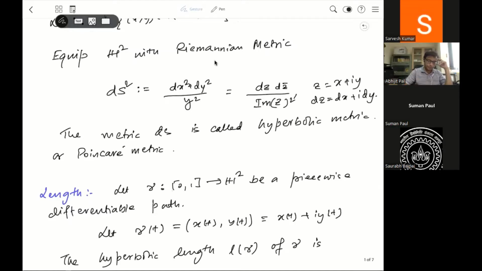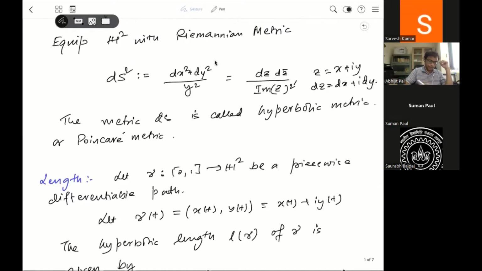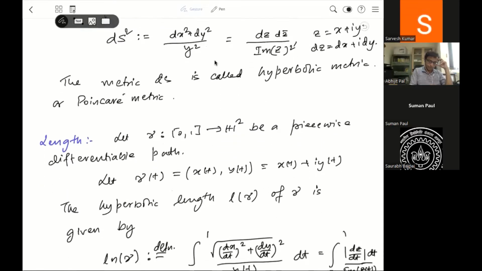Now, given a path in this upper half plane, we know that it has a differentiable structure, so we can make sense of differentiable paths, even piecewise differentiable paths. Let us take gamma to be a piecewise differentiable path. What do we mean by the length of this path?